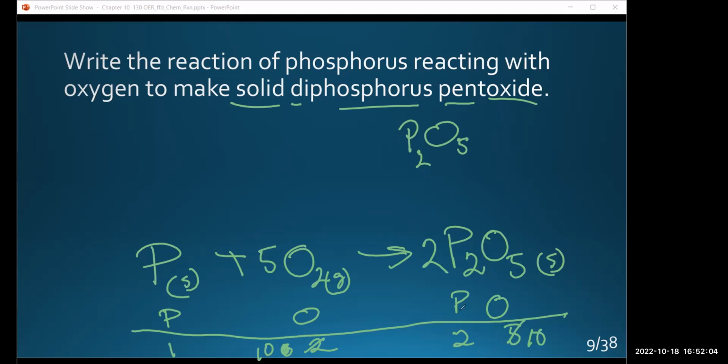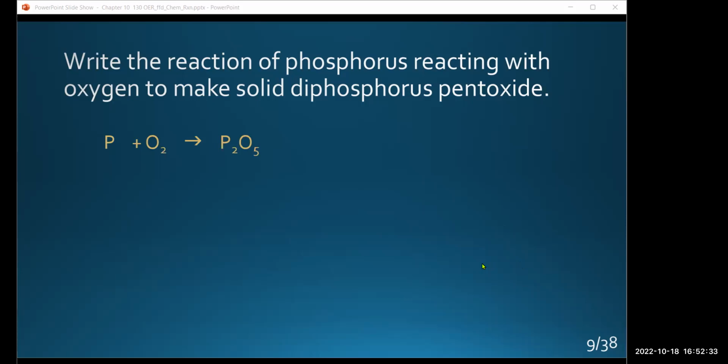The phosphorus went from 2 to 4, and I only have 1 here, so I can simply add a 4 in front of phosphorus. Now go back and check. I've got 4 phosphorus, they check out, 10 oxygens, they check out. We have a balanced chemical reaction.